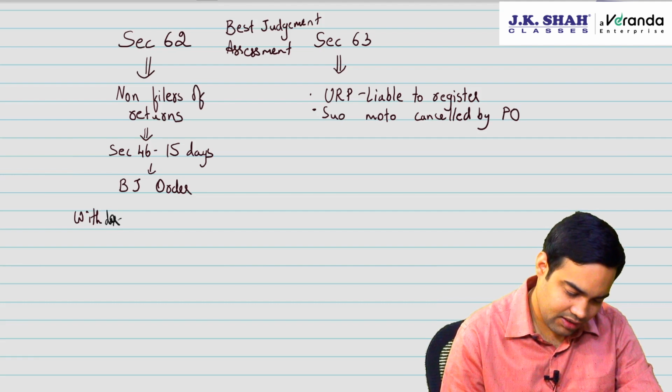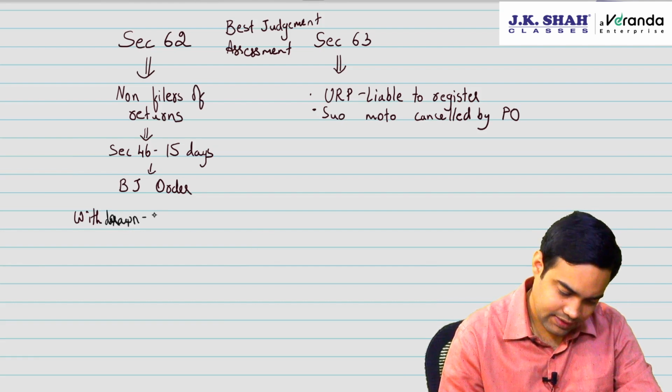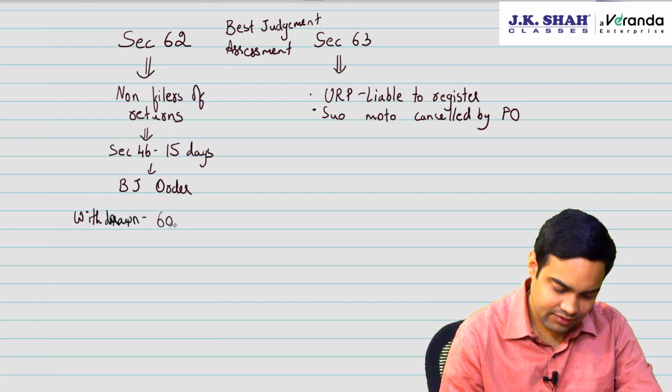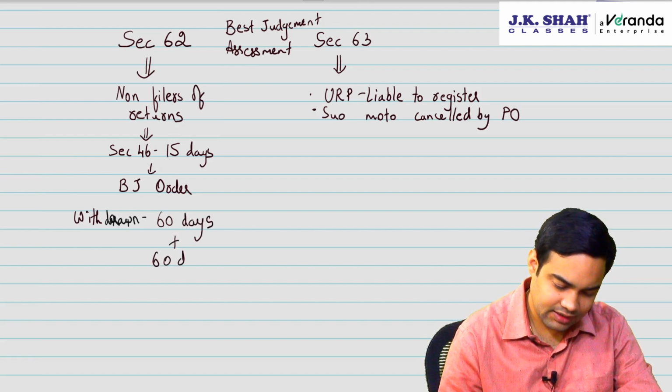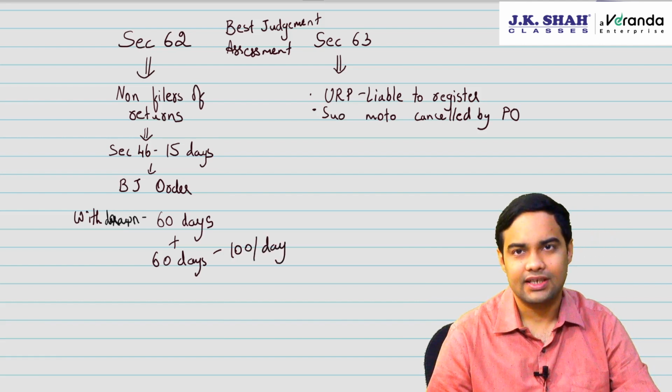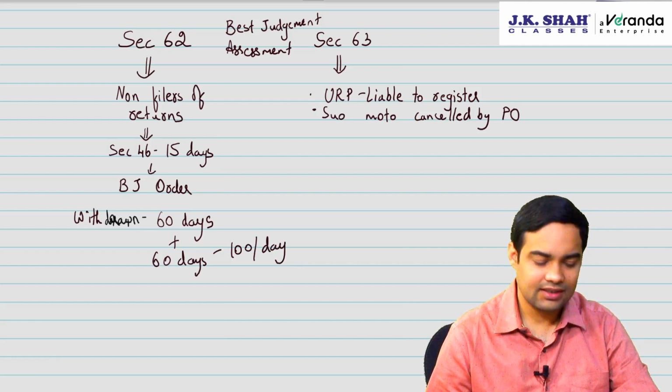It can be withdrawn if you file the return within 60 days from the best judgment order, plus another 60 days, but the next 60 days comes with a late fee of 100 rupees per day. So there is no late fee for the first 60 days. Once you file the returns, it will be withdrawn.